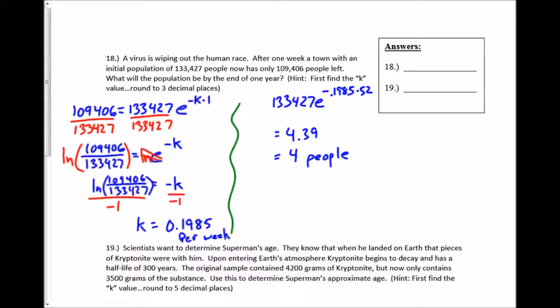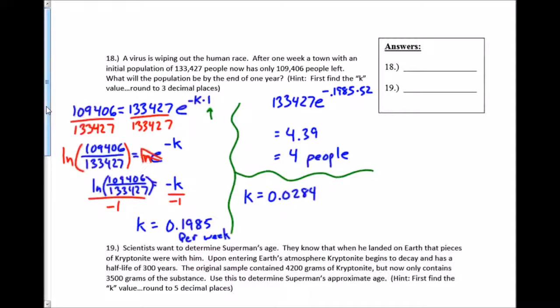Now, out of curiosity, had we solved here by plugging a 7 in and done this per day, just to show you the difference here, per day I would end up taking that natural log of the new amount divided by the original amount. If I were to solve this with the 7 in there, I end up getting something that looks like this for my k value, 0.0284 when it's rounded off.